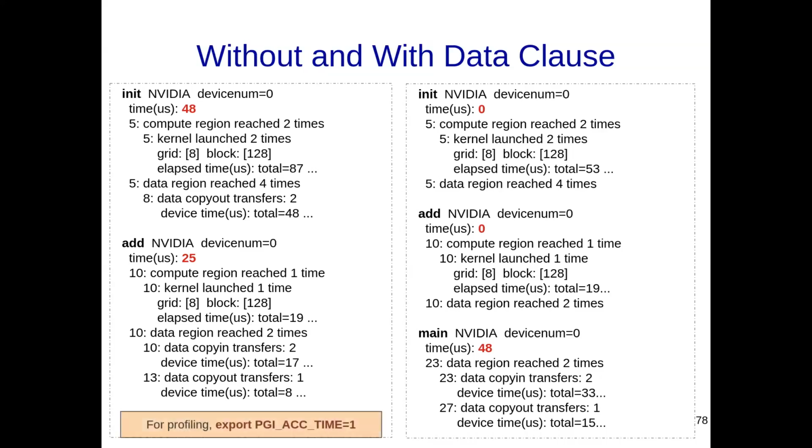We can specify it on the Linux shell before we run the a.out or the program which contains this OpenACC program. It automatically generates this profiled output, which can be very handy for you to check the overall profile of this execution.